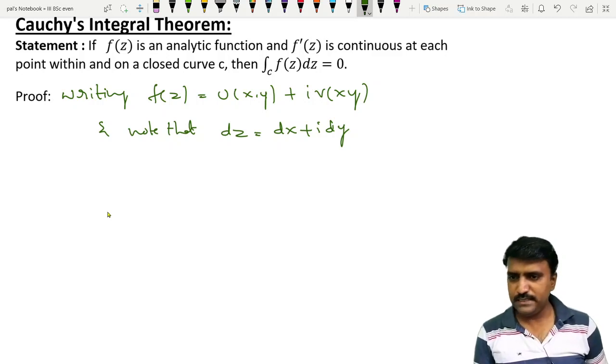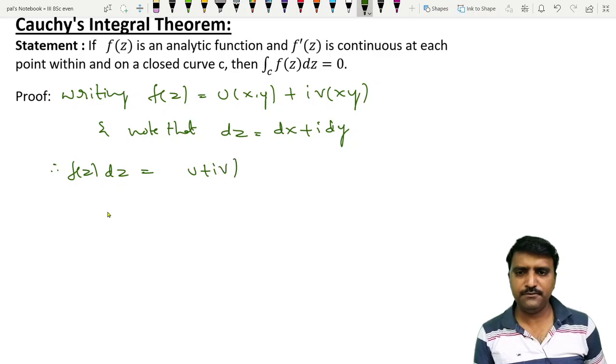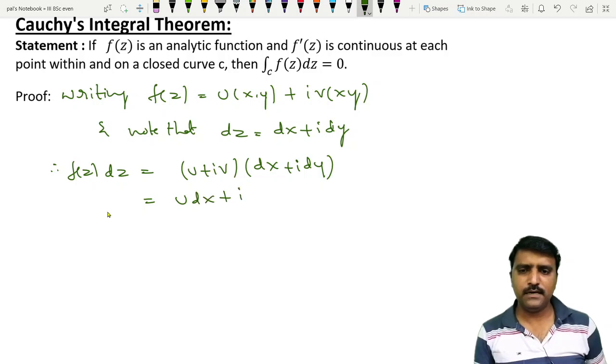Therefore, f of z into dz can be written in simple format as f of z, that is u plus iv, into dz, which is dx plus i dy. You multiply these two: it is u into dx plus i u into dy.